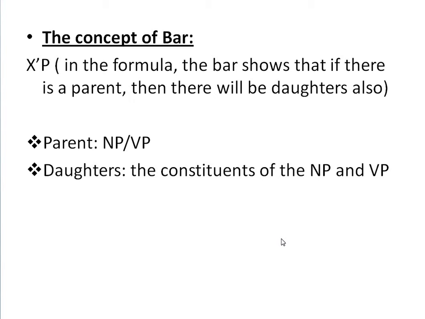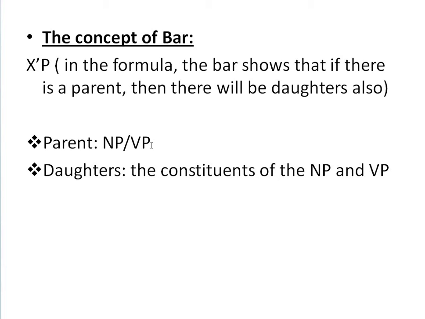The bar on the X, X meaning any lexical category, shows that if there is a parent, if there is any noun phrase, verb phrase or prepositional phrase, there we can also add the prepositional phrase, the adjective phrase, the adverbial phrase as well. If there is a parent, meaning if there is XP, we change the value of XP and make a phrase.